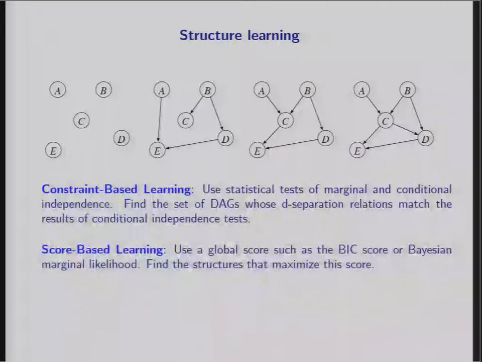In score-based learning, we use a global score to score a particular graph structure with respect to the observed data. For example, we could use BIC, which is an approximation to the marginal likelihood, or the Bayesian marginal likelihood itself exactly. There, we're doing model selection in a very large space of possible graphs by varying the structure of the graph and taking the score to be the marginal likelihood for that graph given the observed data.